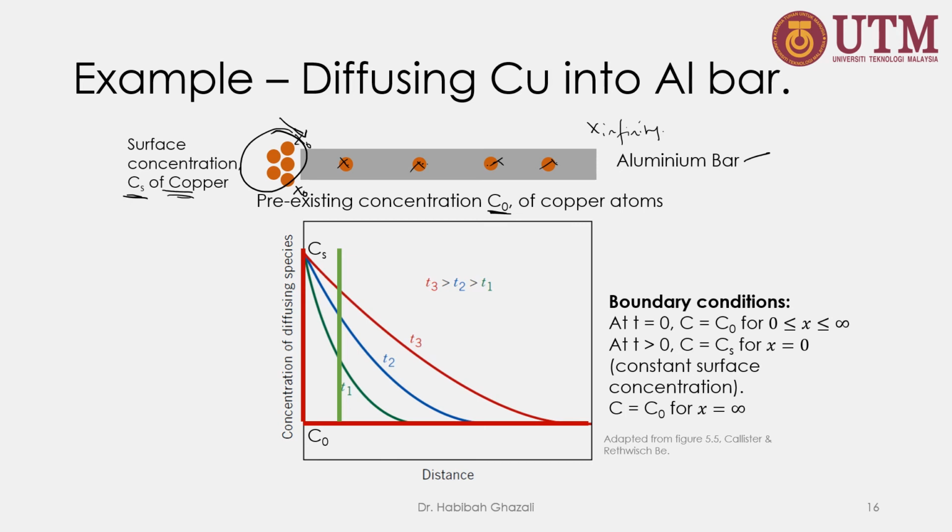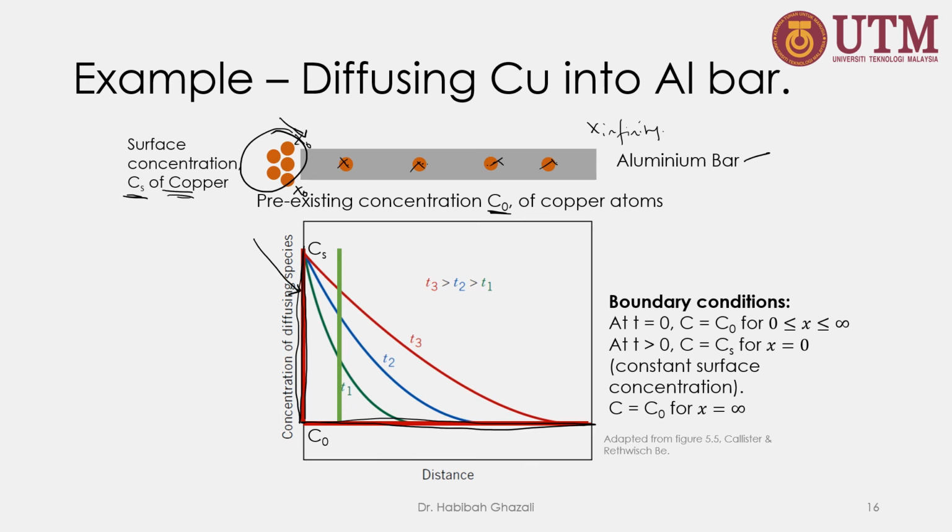If we assume the time is equal to 0, we have a high concentration of copper on the surface. If you look at the red color here, that is the concentration at time 0, and this is the concentration at time equal to 0 of the copper inside the bar.